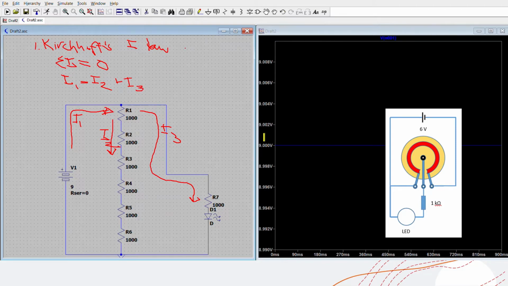Now, according to Ohm's law, the lower the resistance, the higher is the current.